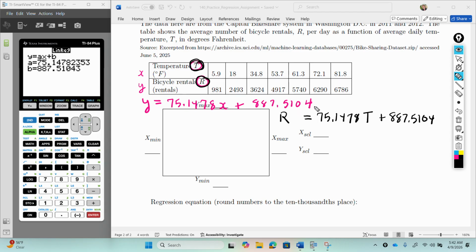Now, R is a function, and it's a function of T. So I'm going to write that. So this is not R times T. This is R evaluated at T. So now, this is what the department expects you to write for that answer.